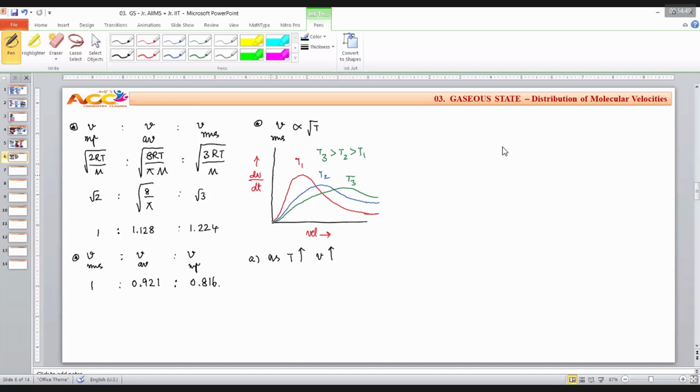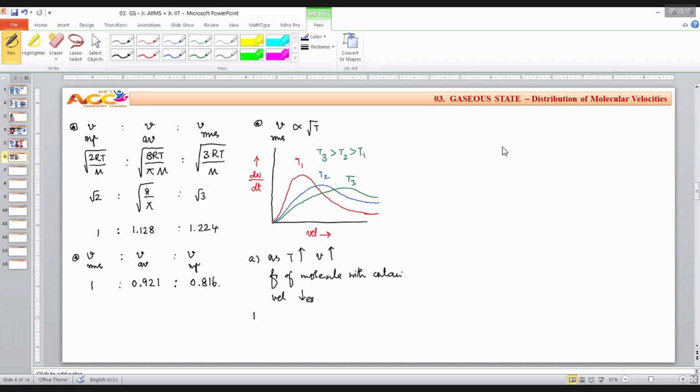See the height. This is the fraction of molecules. This is the fraction of molecules. This is the fraction of molecules with a certain velocity. It decreases. The graph is becoming wider, right?